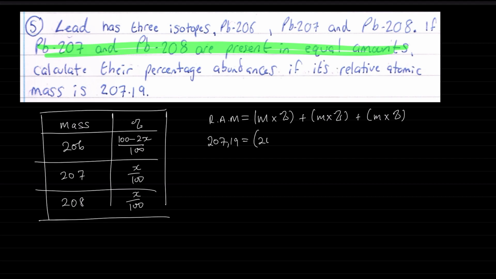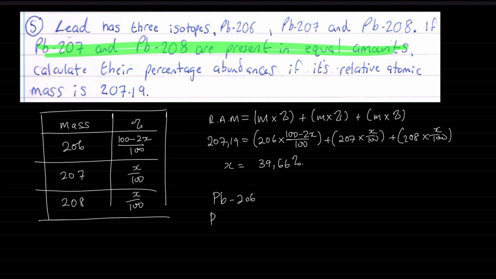That's equal to 206 times (100 minus 2x) over 100 plus 207 times x over 100 plus 208 times x over 100. Now, we can solve for x. And when we solve for x, we're going to get that x is equal to 39.66%.